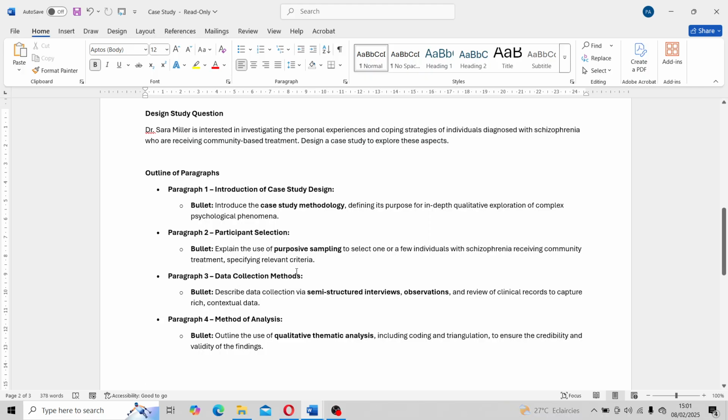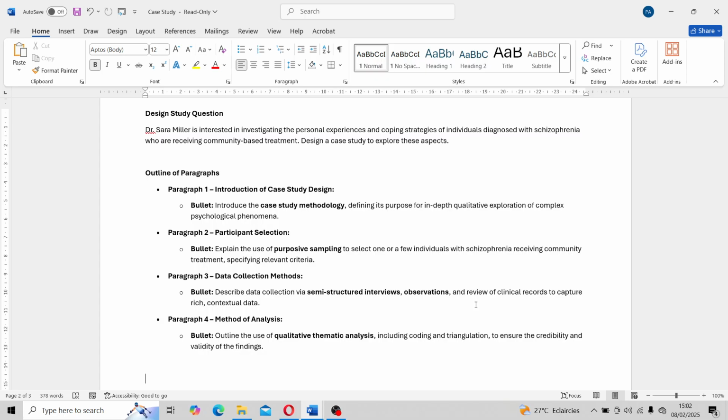Now, data collection method. Here is the most important part of the case study. Describe the collection via semi-structured interview, or observation, or questionnaire. If it's a case study, then you can use multiple methods.